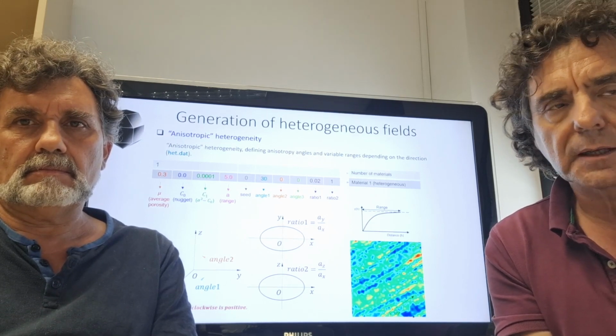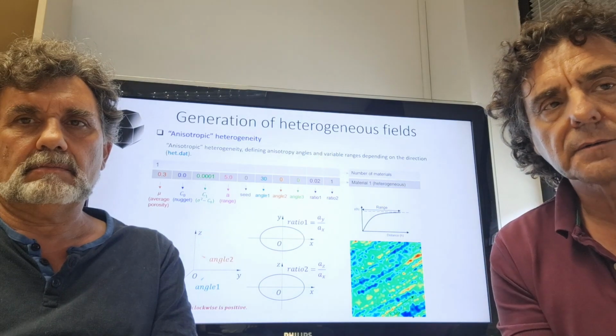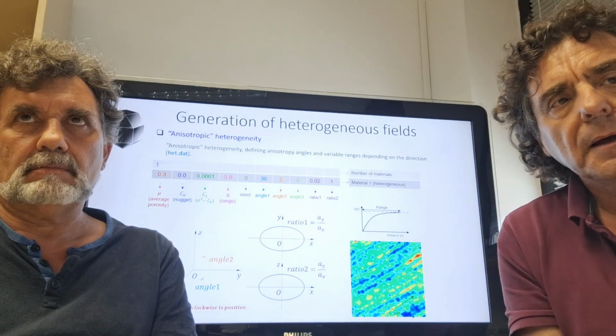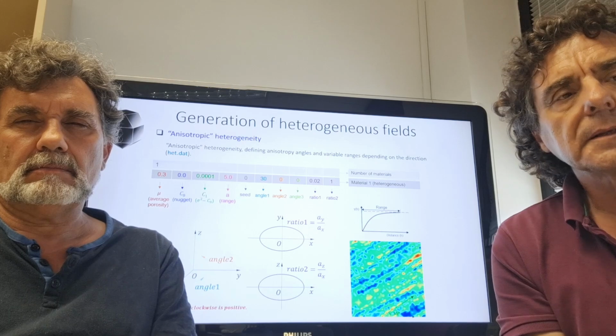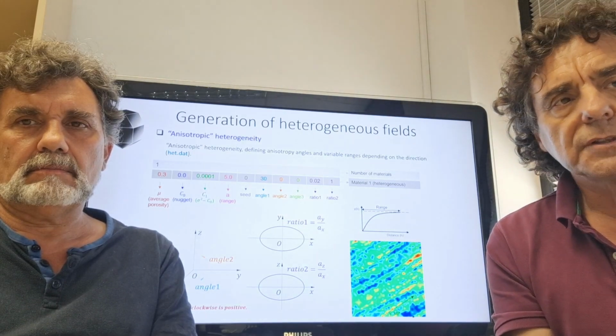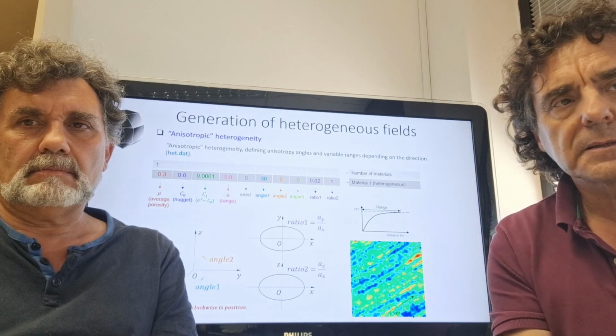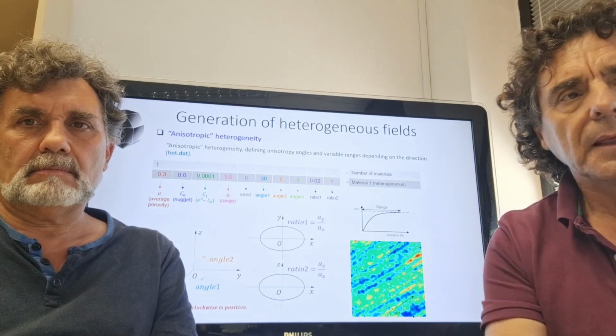This is a very important feature, and thanks to the incorporation of this heterogeneity we can develop different fields of properties that are spatially correlated, and we use geostatistical techniques to develop this type of applications.